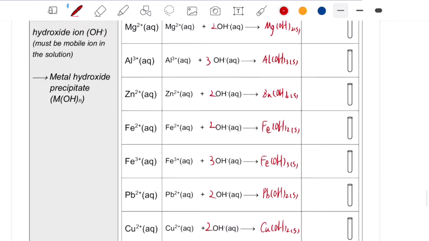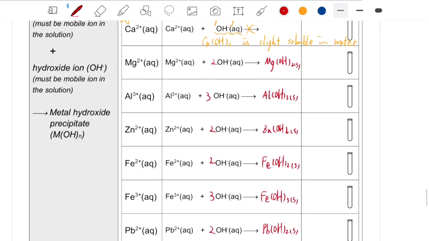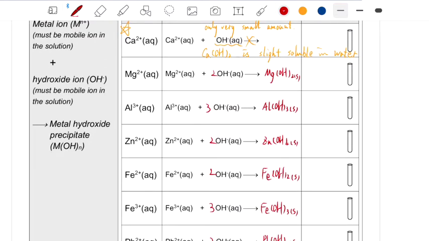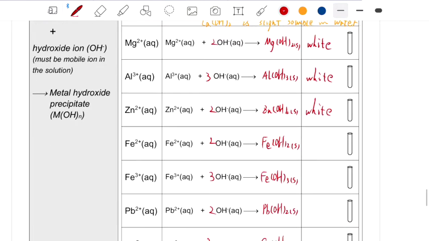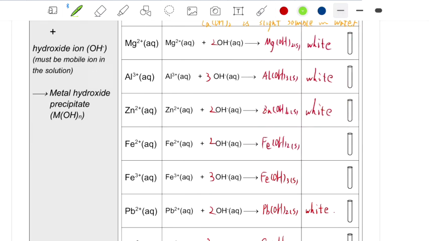So again, for most of them, they are white in color. Okay, so magnesium hydroxide again white, aluminium hydroxide white, zinc hydroxide white in color, and then lead 2 hydroxide white in color. And the 3 special cases remain the same. We got iron 2 hydroxide, which is green in color.